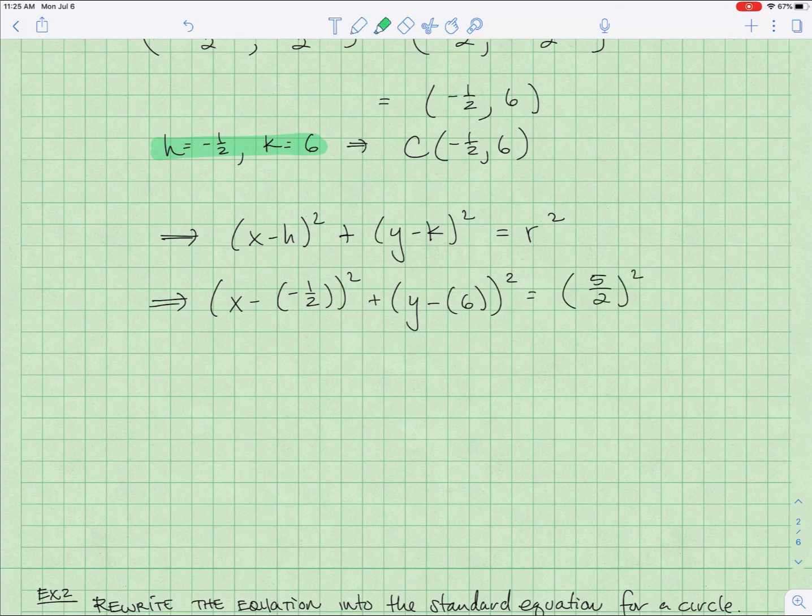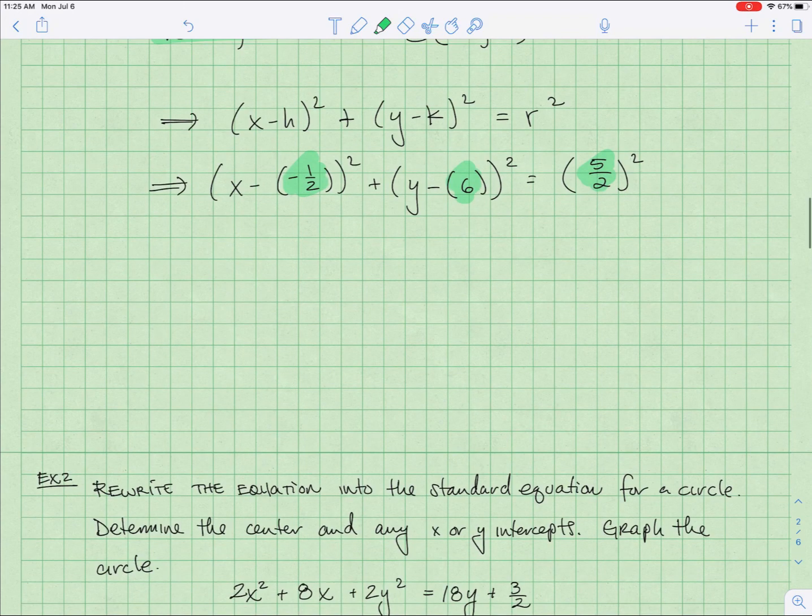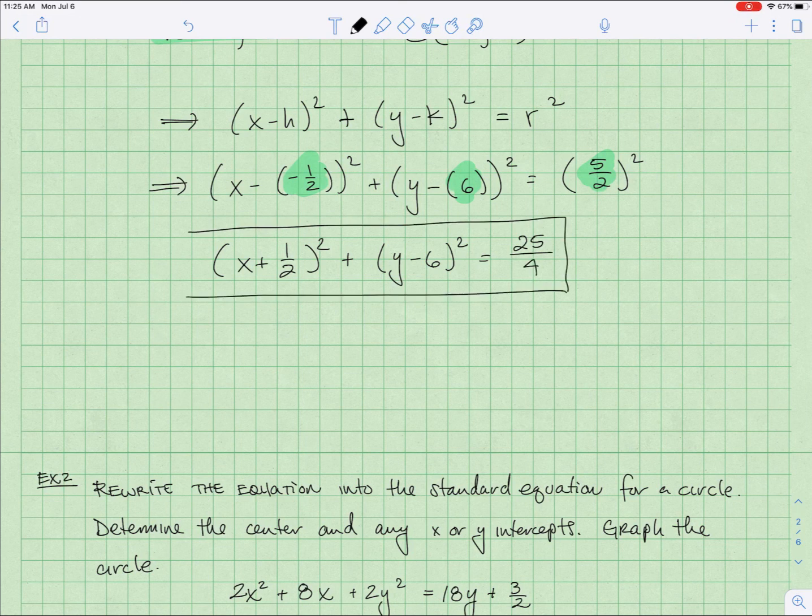So here again you can clearly see what the center and the radius is if you can read it correctly. And then of course we want to simplify that. That is x plus 1/2 squared plus y minus 6 squared is equal to 25/4. And this is our answer or solution to this problem.